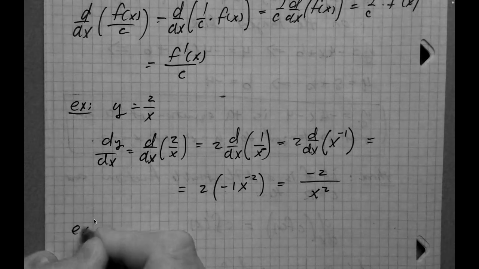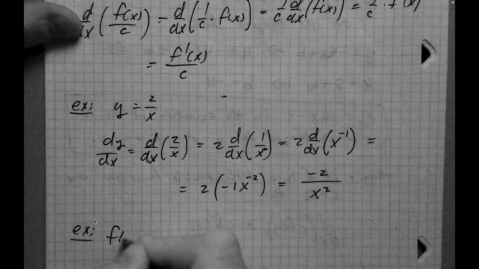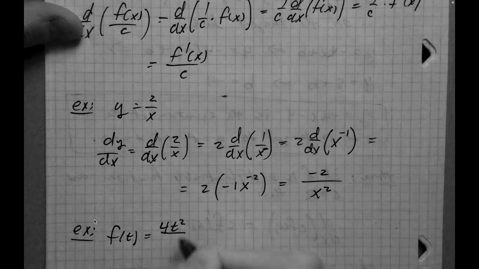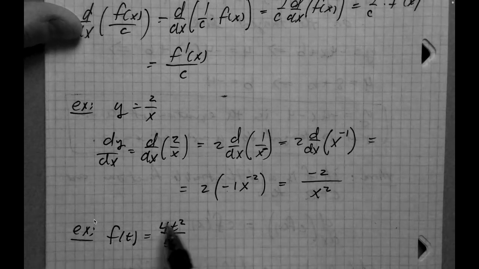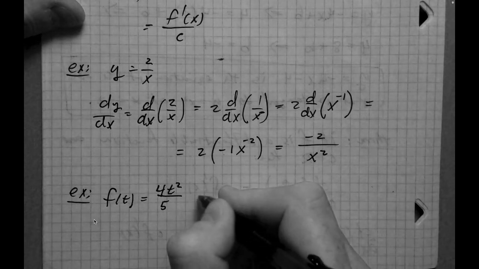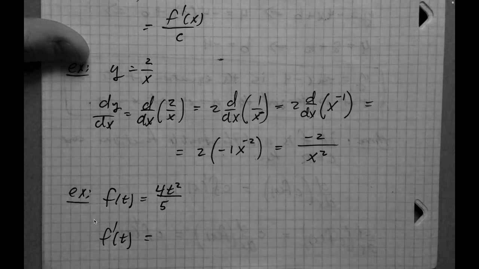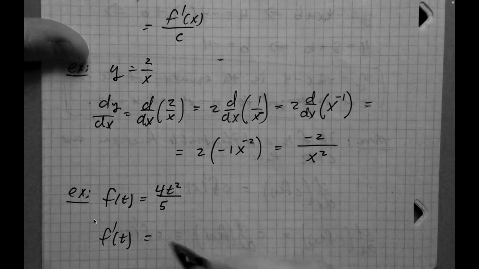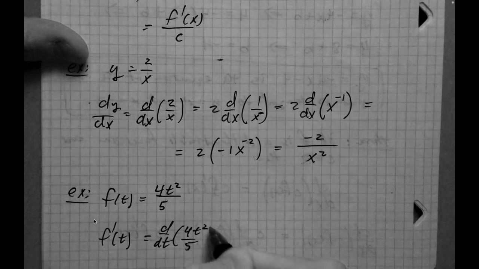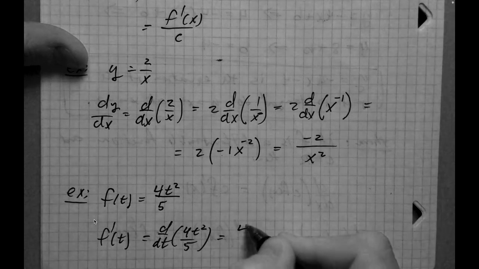How about another example? Let's try f of t equals 4t squared over 5. So here we've got kind of a ratio in the front. Then f prime of t would be equal to d dt of 4t squared over 5. And again, I'm using notation that's very specific here.